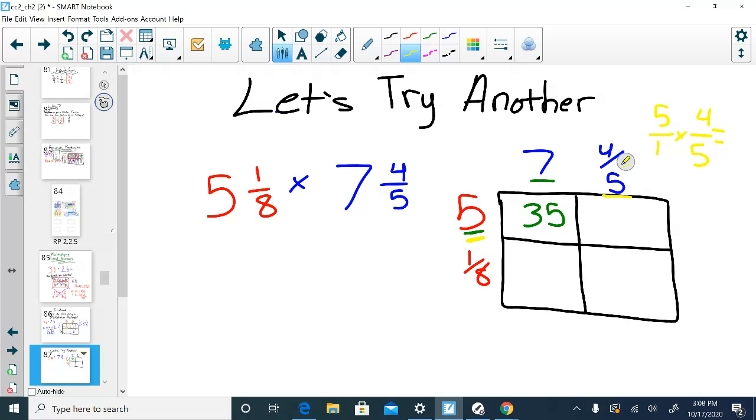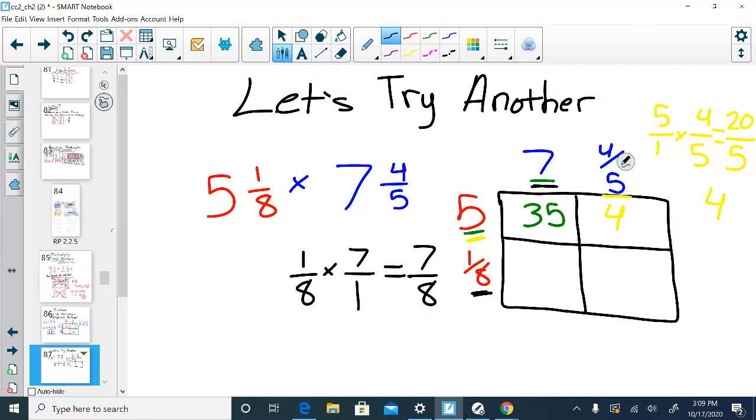So on top I'm going to get 20, and on the bottom I'm going to get 5. So that would reduce to 4. And now I'm going to do 1/8 multiplied by 7. And so here this would be 1/8 multiplied by 7 over 1. So here I'm going to get 7 over 8.